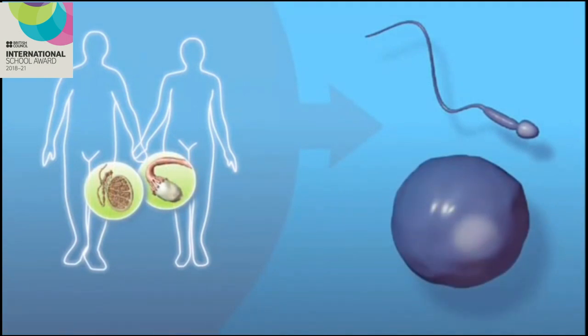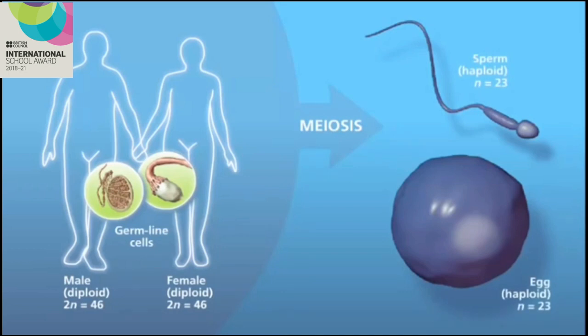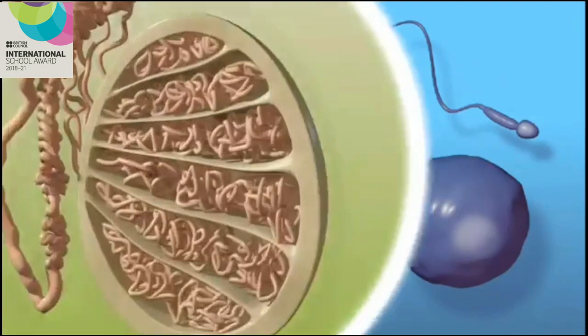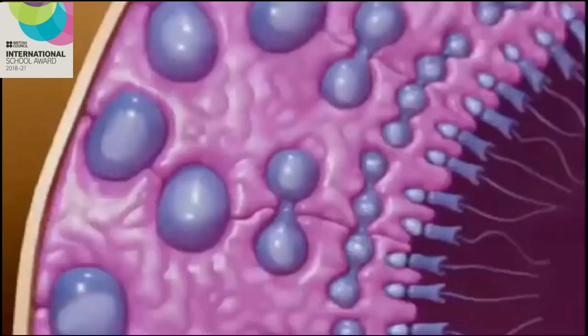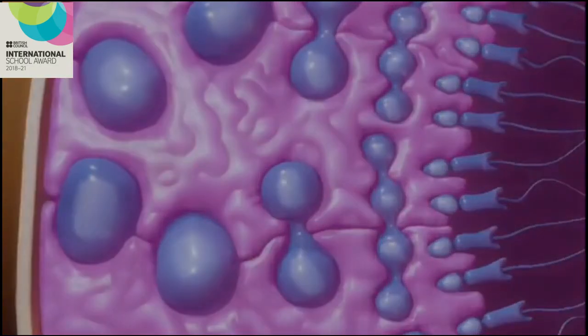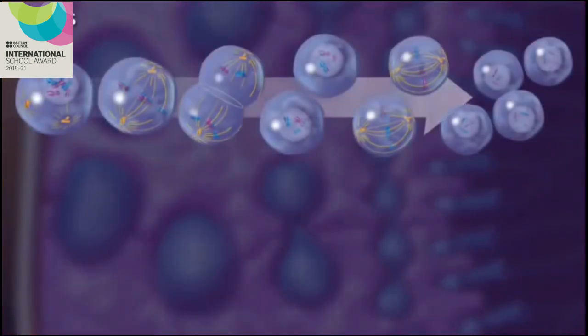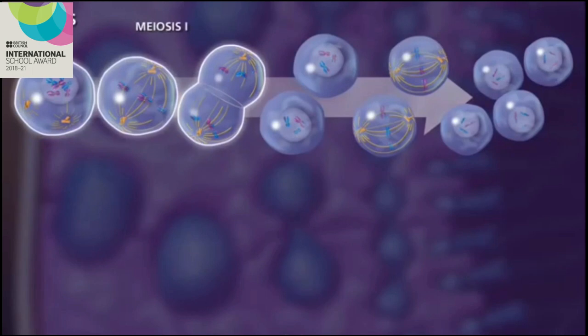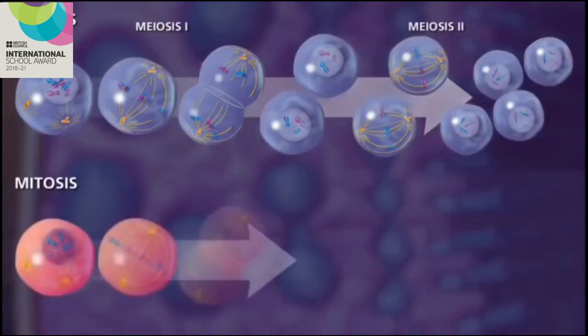For this to occur, the chromosomes must be correctly sorted and distributed in a manner to create genetically unique cells with half the number of chromosomes as the original cell. Meiosis occurs in special cells called germ cells within the gonads of males and females. For the successful reduction in the number of chromosomes to occur in the new haploid daughter cells, 2 rounds of divisions are necessary. These divisions are termed meiosis I and meiosis II.